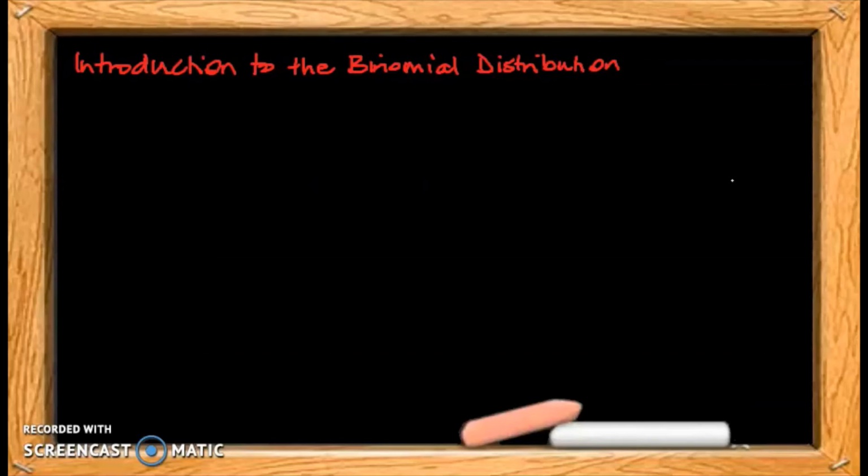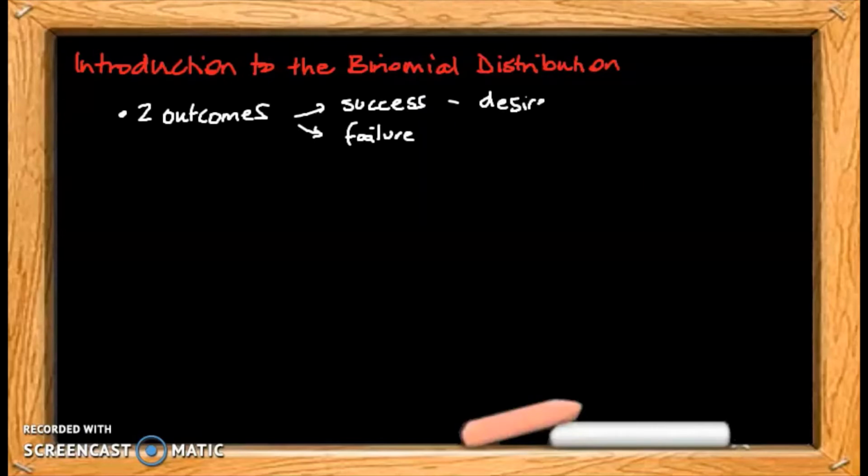The binomial distribution relies on a couple of things to be in place, otherwise we can't use it. The first thing we're relying on is basically two outcomes, and by that we would generally classify that as a success or a failure, or in some way a desired outcome and a non-desired outcome.